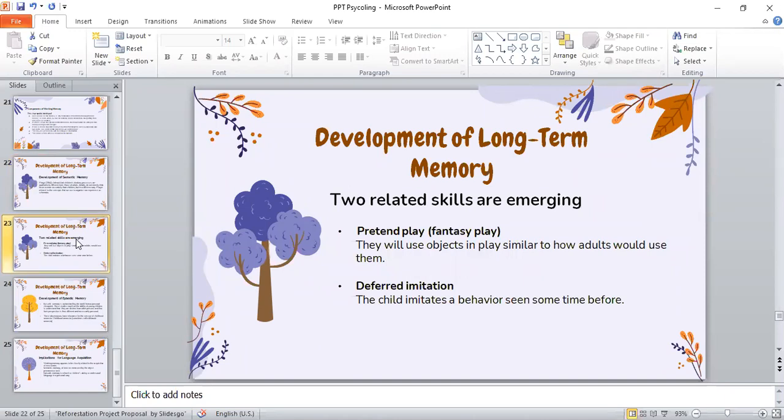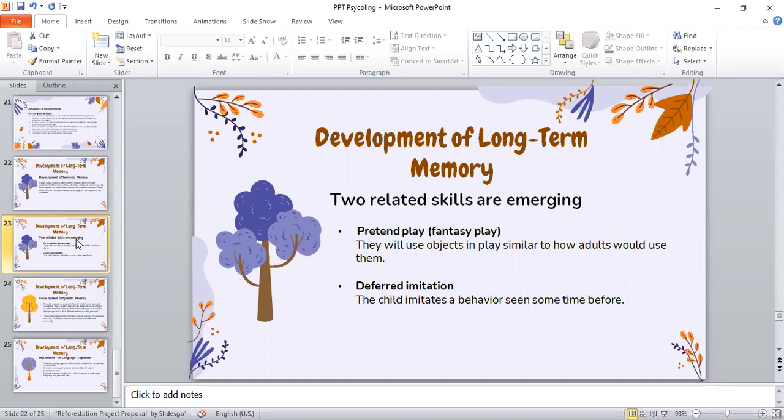The acquisition of object permanence is not an isolated cognitive skill. At about this time, two related skills are emerging. One is pretend play, or fantasy play. They will use objects in play similar to how adults would use them.